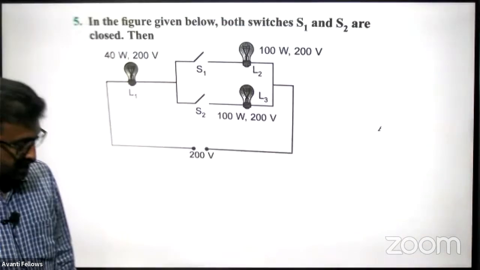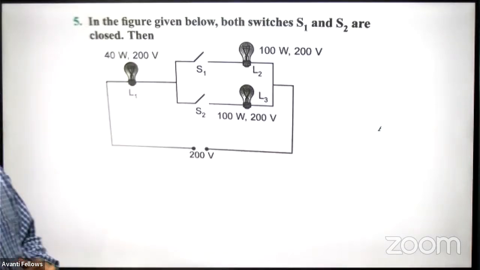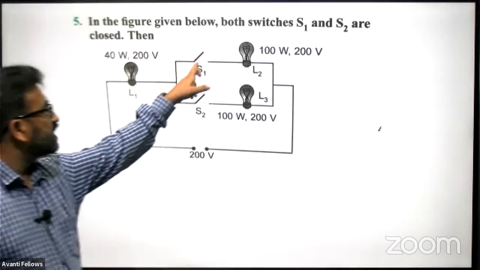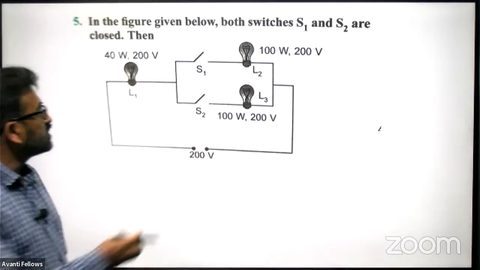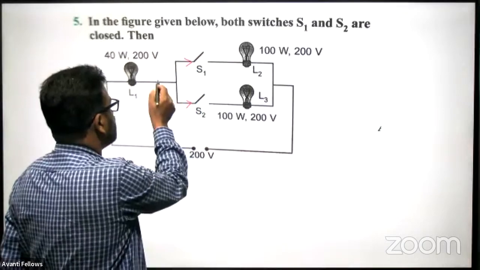Now let's see this problem. In the figure, both the switches S1 and S2 are closed. If both S1 and S2 are closed, there will be current flowing through S1 as well as S2.